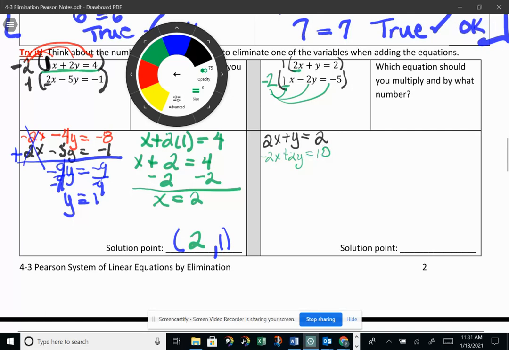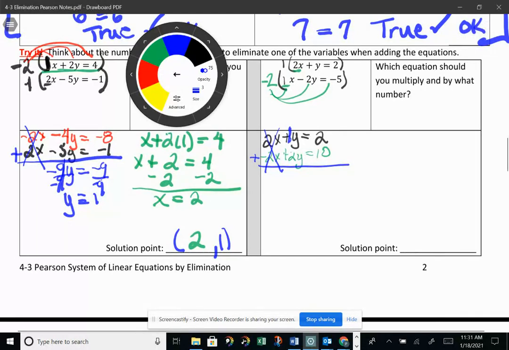So now we're going to add. I've multiplied my equations. So now I'm going to add my two equations together. 2x minus 2x cancels out the x's. The x's became eliminated. And remember that if there's no number in front of a letter, then that number is 1.